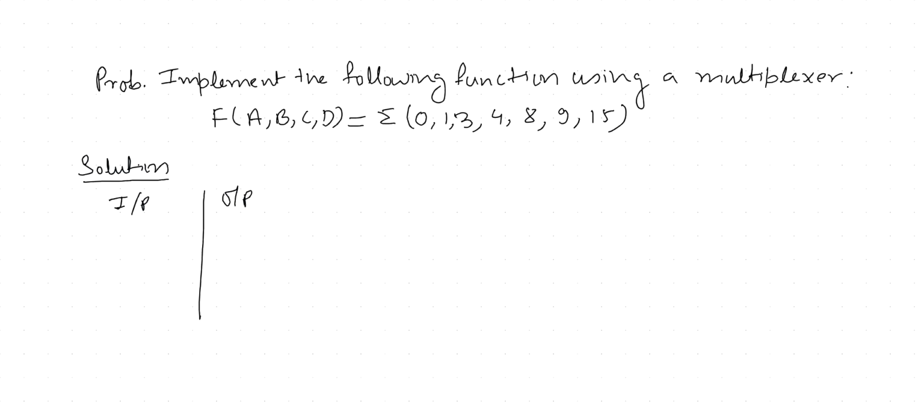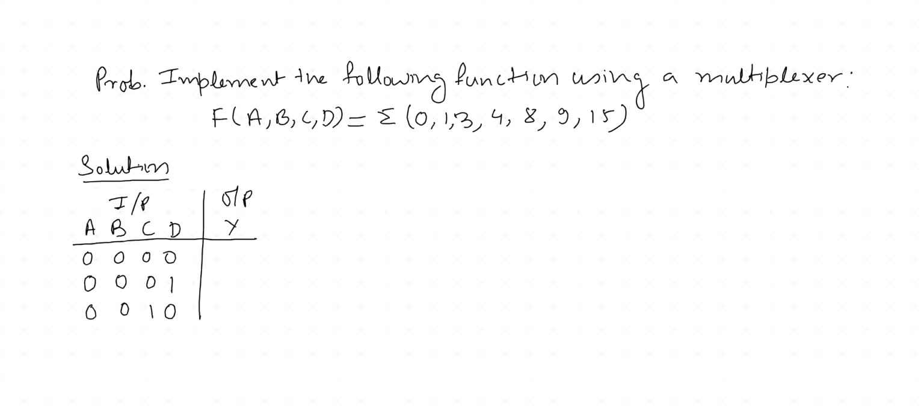So here the inputs are A, B, C, D, and output is suppose Y. By using the four combination ABCD, here it is first 0, 0, 0, 0, then 0, 0, 0, 1, then 0, 0, 1, 0.